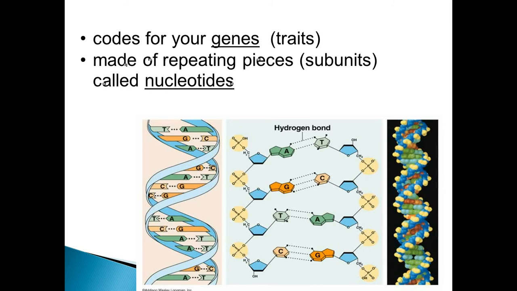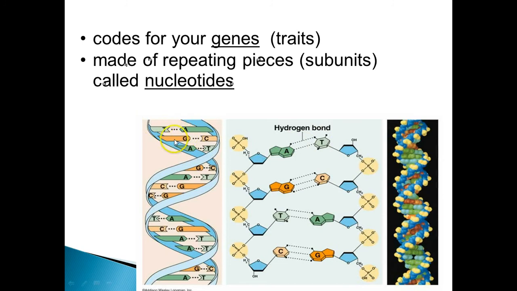DNA is made of repeating subunits, repeating pieces, called nucleotides. A nucleotide consists of these three parts. This part, and this part. And it's connected on the other side of the ladder to another nucleotide. The connection between the two nucleotides is made by hydrogen bonds.